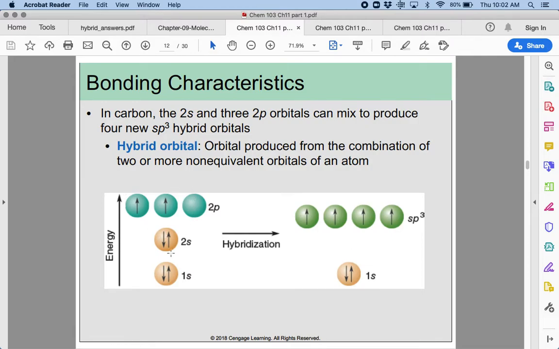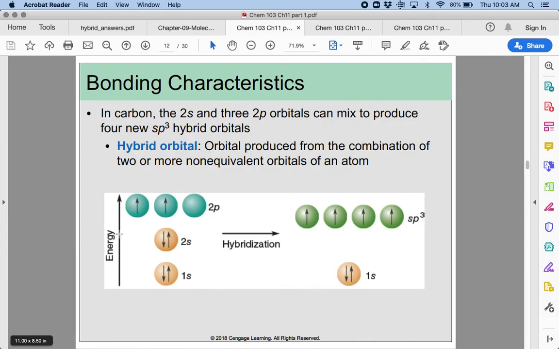So it's going to use all 4 of these, and they're going to kind of mesh together. And we end up with 1, 2, 3, 4 what we call sp3 orbitals. S, 1p, 2p, 3p. That's why we call it sp3, literally sp3. That's why it has that name. And we can count it out: 1, 2, 3, 4. That's how we end up with 4.